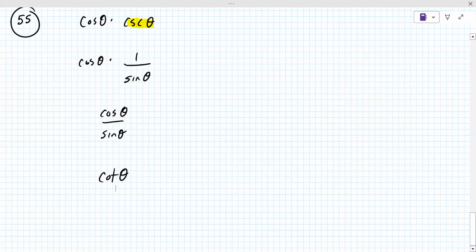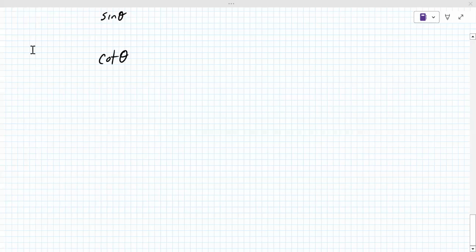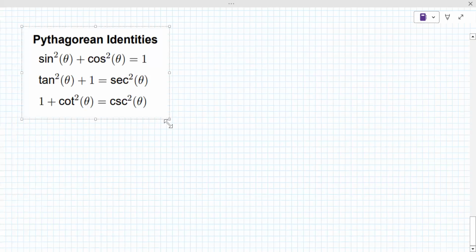Fantastic. And you're sure we're doing 59 through 67? These just increase the difficulty quite a bit. Yeah, that's fine. We've got a cheat sheet that we get to use on the test, and he gave us an example of one of these.